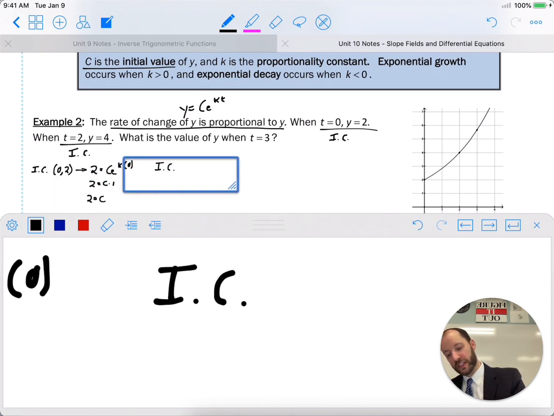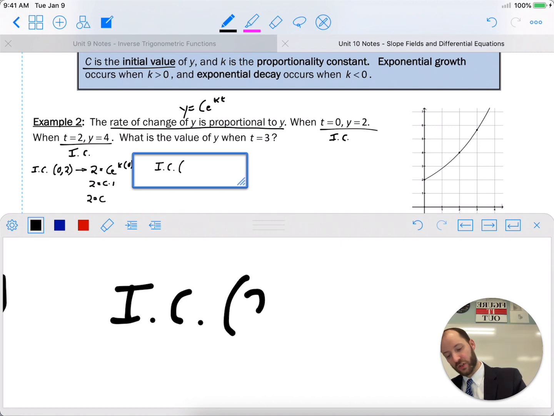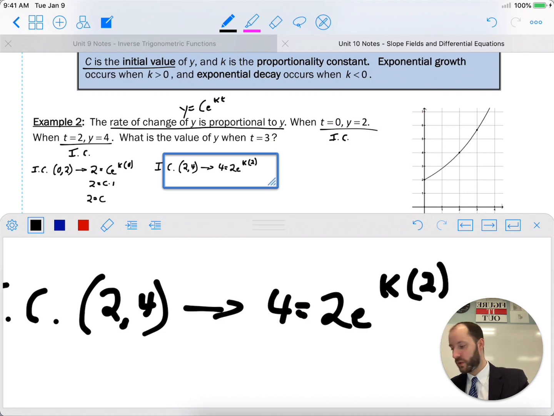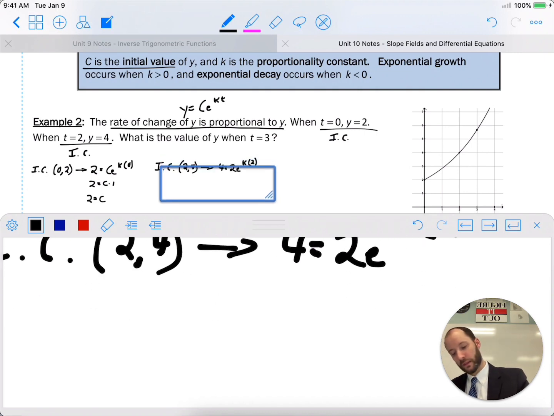Now let's use the next initial condition, (2, 4). So 4 equals, c is 2, e to the k times 2 again, because 2 from the initial condition (2, 4). So divide by 2, so 2 equals e to the 2k.